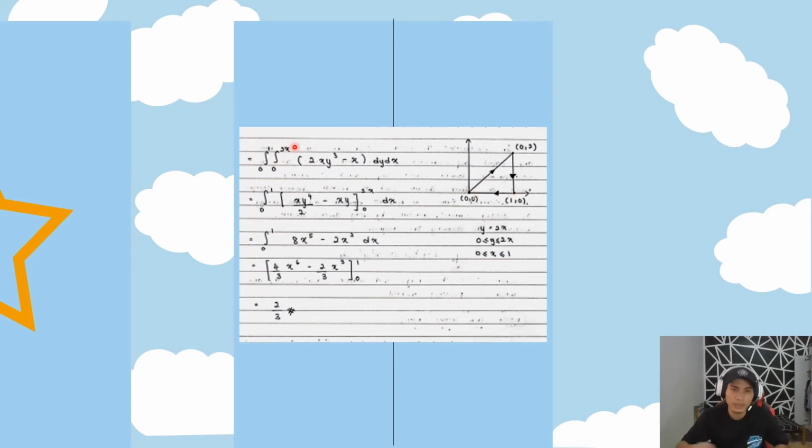So we must substitute the values of dg over dx and df over dy. We know that dg over dx is equal to 2xy cubed, and df over dy is equal to x, so the integrand is 2xy cubed minus x.